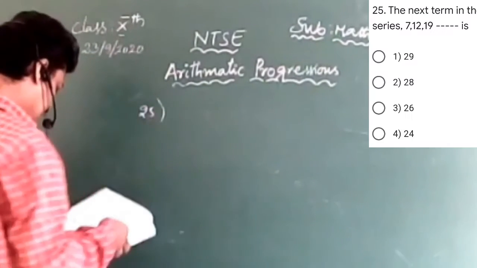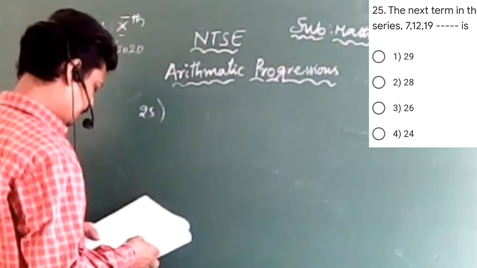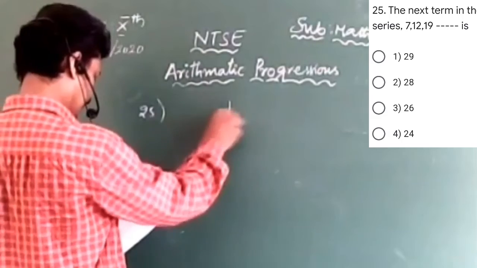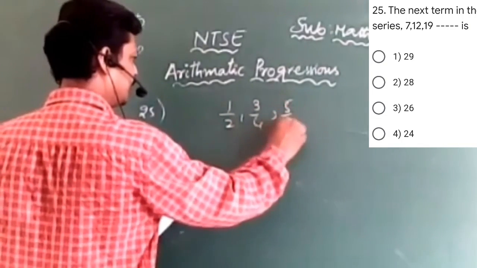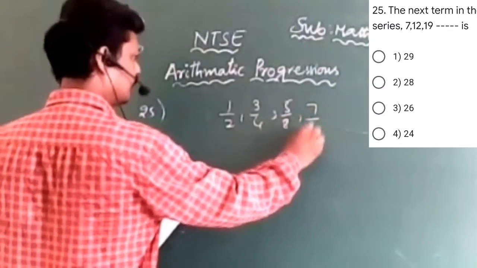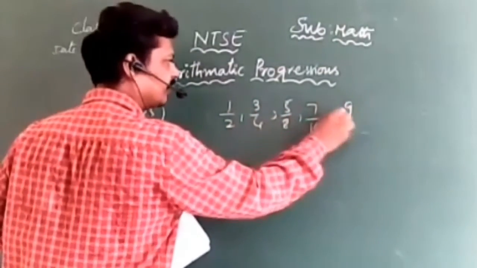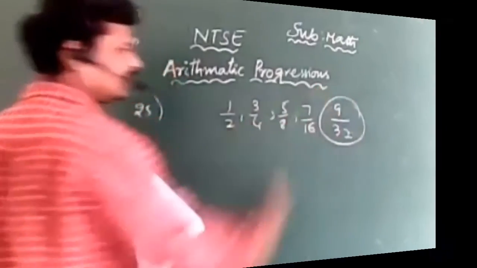They follow a particular pattern. 25th: find the fraction in the next sequence, 1 by 2, 3 by 4, 5 by 8, 7 by 16. Observe the numerators 1, 3, 5, 7; next will be 9. Denominators 2, 4, 8, 16; next will be 32. So 9 by 32.